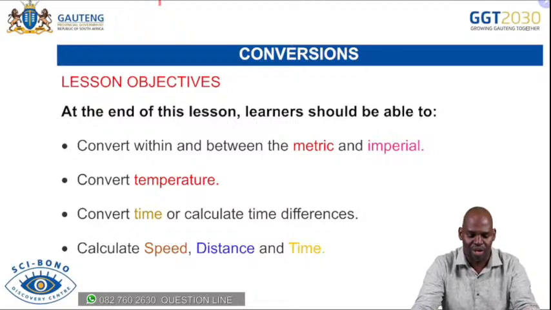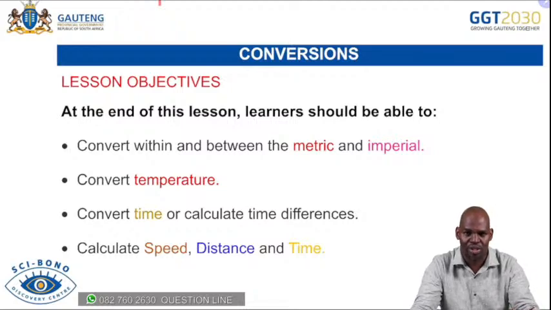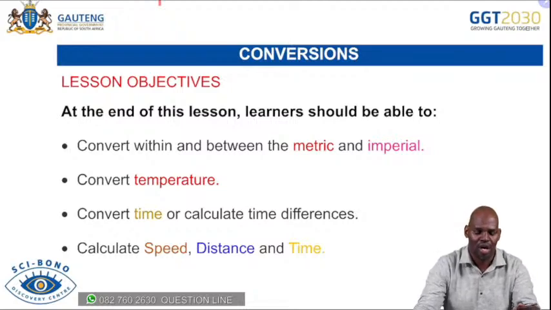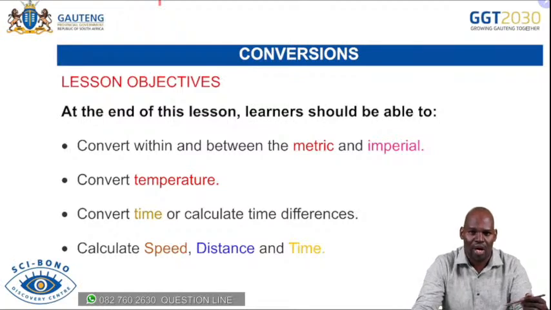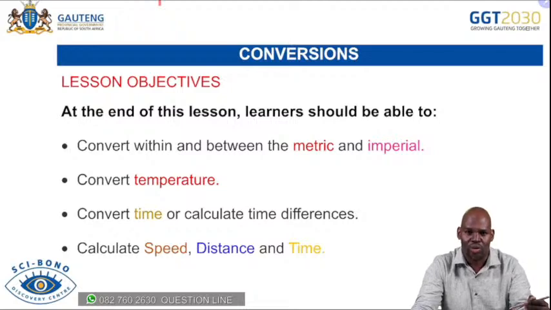When we say within, it means you must be able to convert between metric units. What do we mean by metric units? We are referring to the units commonly used in South Africa: centimeters, kilometers, and millimeters. Imperial units are units used in other countries like the USA.